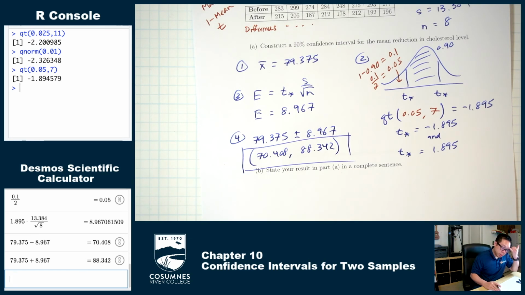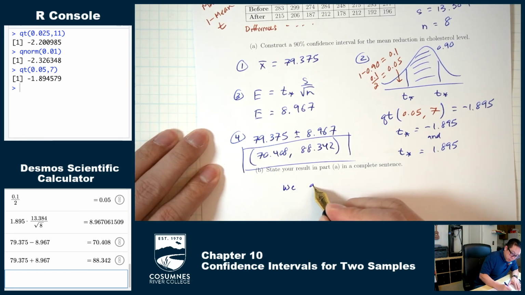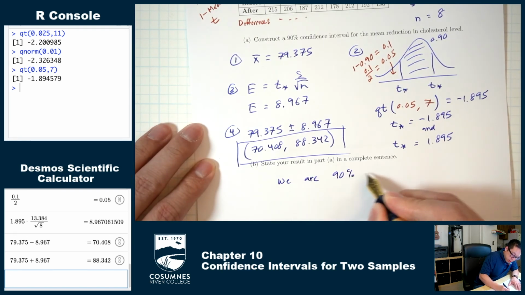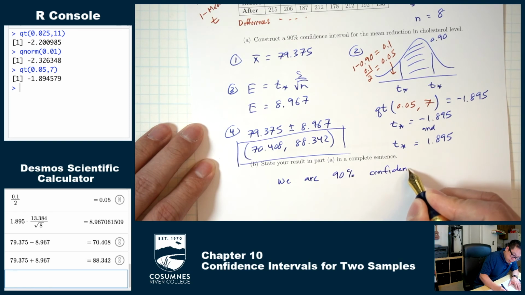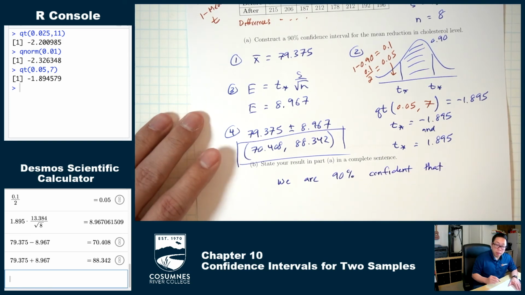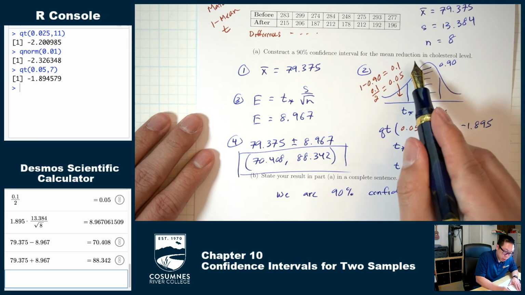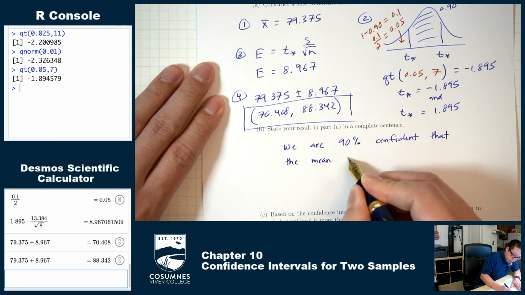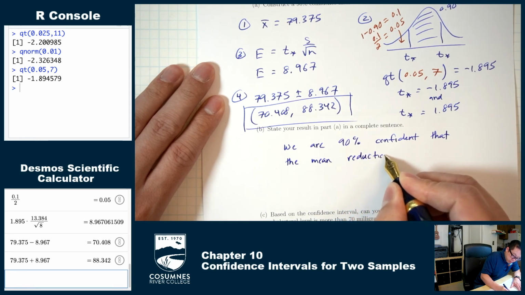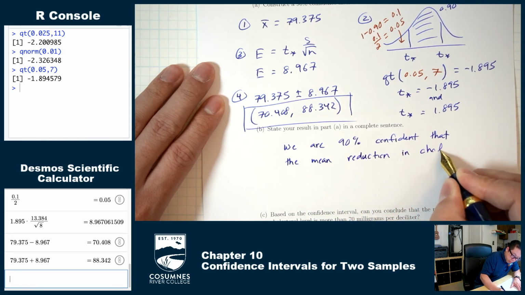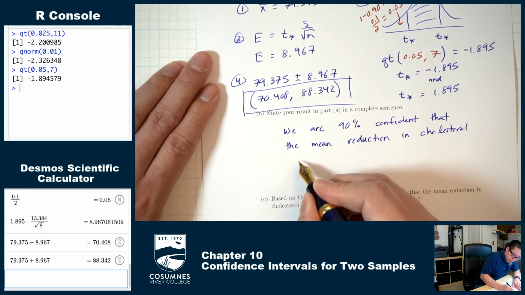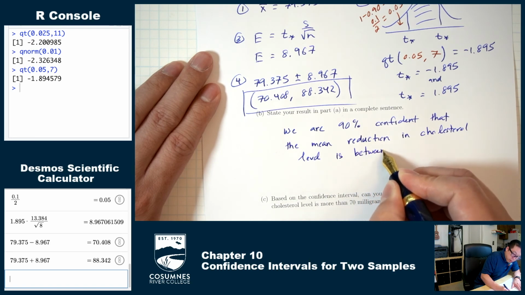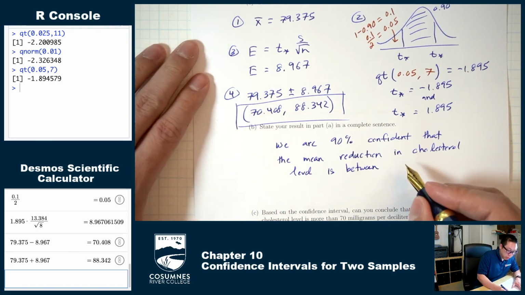Part B, writing the sentence. State your confidence level. So we are 90% confident that, what are we talking about here? The mean reduction in cholesterol level is between 70.408.